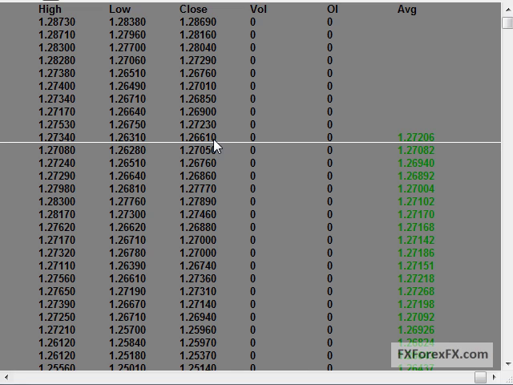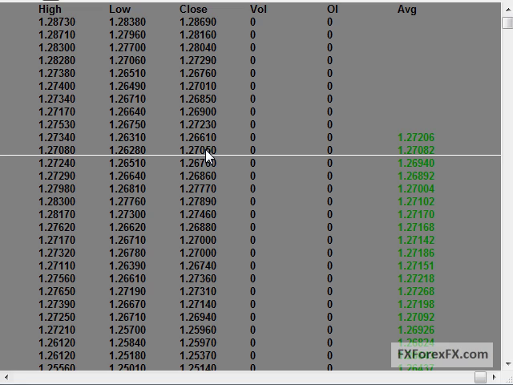So now, as we move down, you can see that the average price over here is going to change. That's because it is a moving average. Now, the average itself moves as the price changes. So rather than using the first 10, as we did here, to come up with this average, we use the second 10.